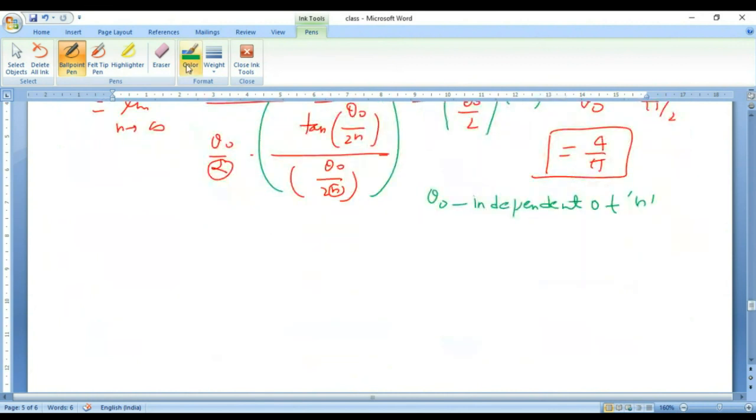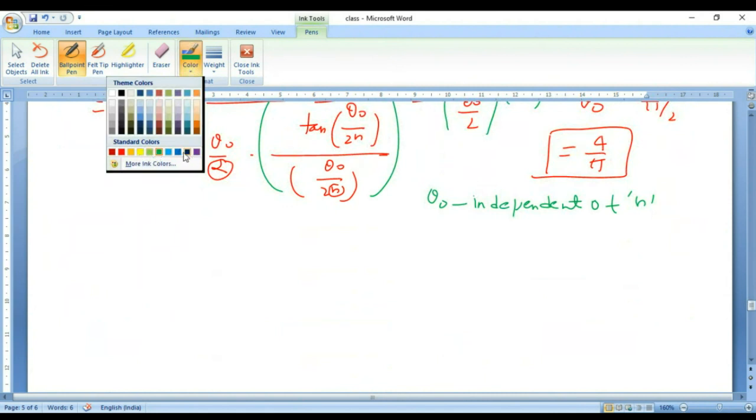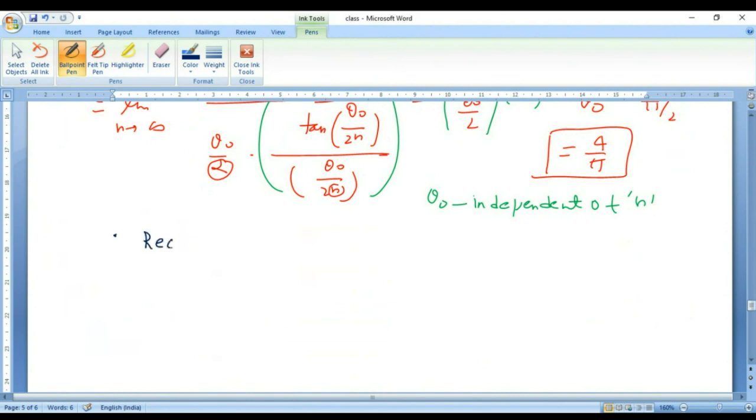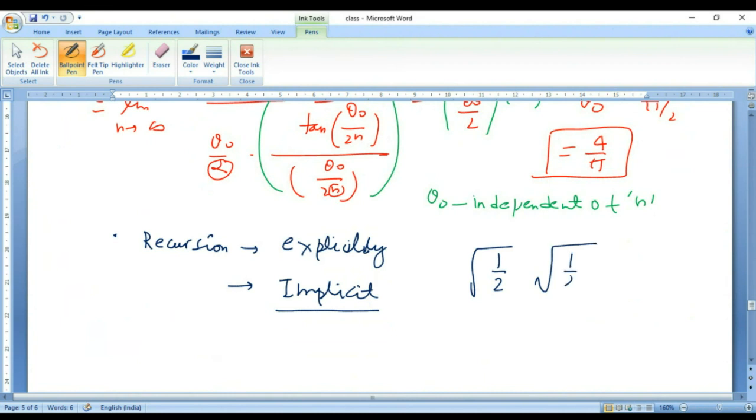So what you have observed is that in all of these things, either the recursion was explicitly defined, meaning it was just given, as in this one, or the recursion was implicit, meaning there was no hint or trace of recursion, but you thought that there is some number like square root of half, then square root of half plus half times square root of half, and then the third term was much more huge: half plus half times square root of half plus half times square root of half.